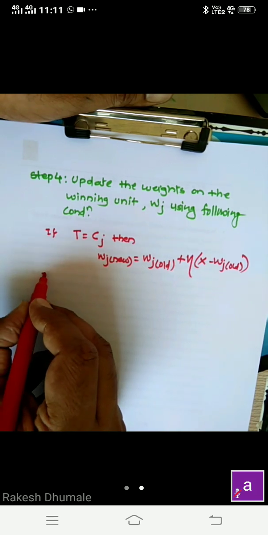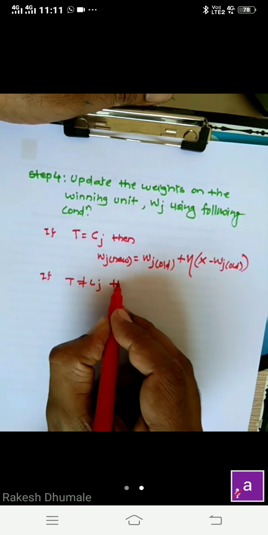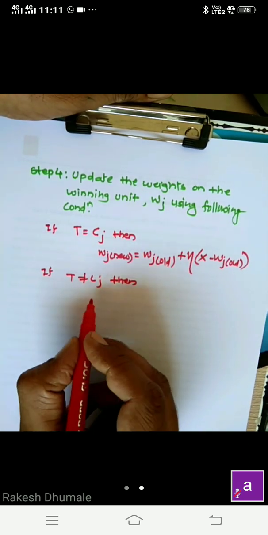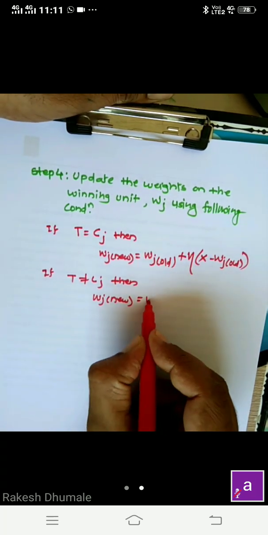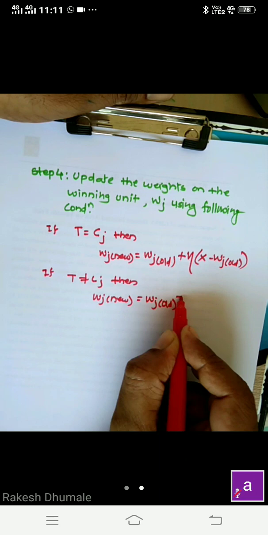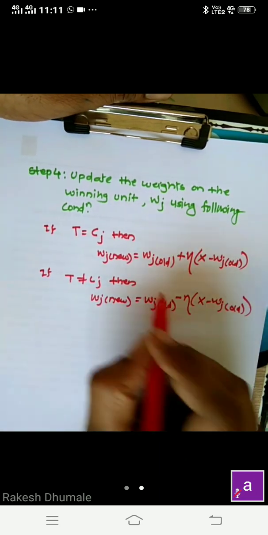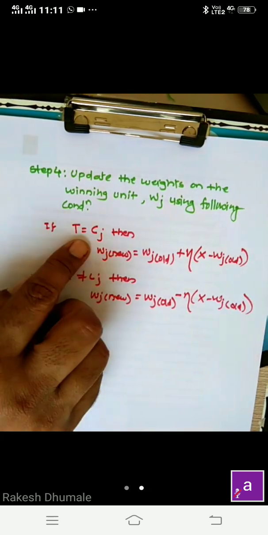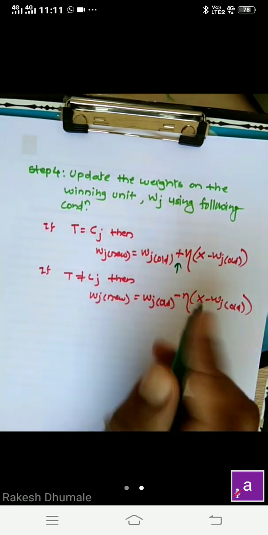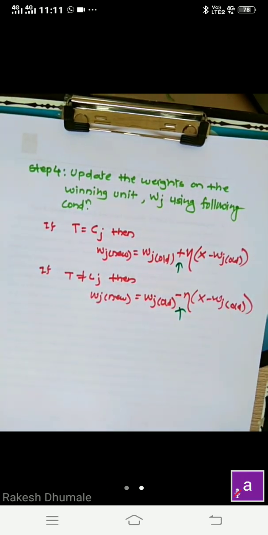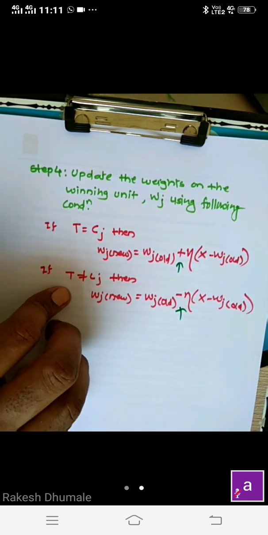Now for the other condition, if T is not equal to Cj, then Wj new is equal to Wj old minus eta into (x minus Wj old). What is the difference? If it is the winning node, it is calculated using plus, and if it is the loser, it is calculated using minus. So this is the difference between weight updation for the winning node and the loser node.